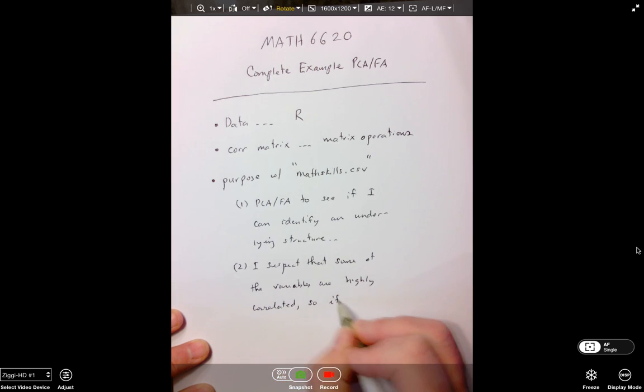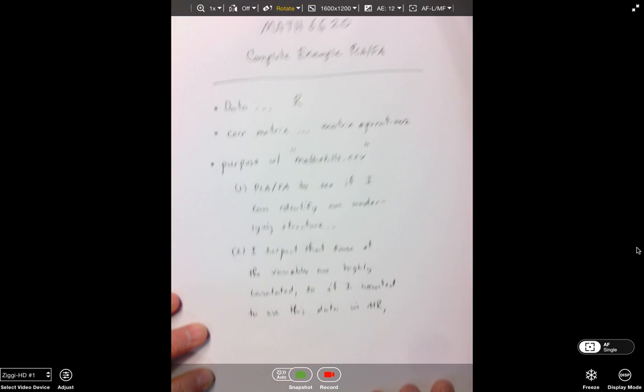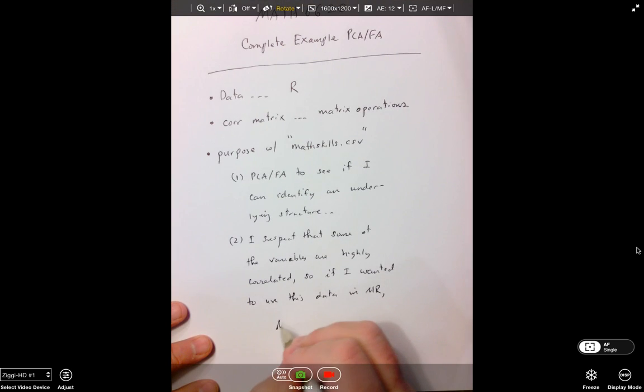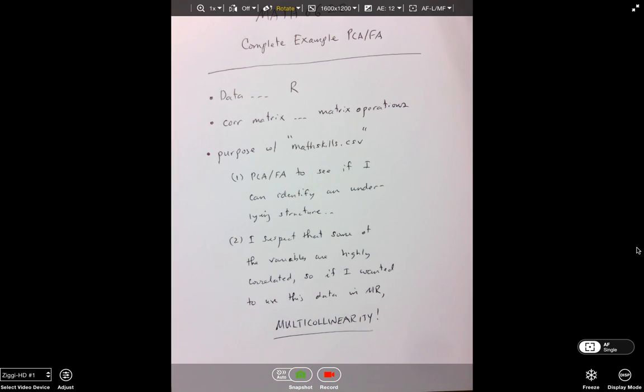So if I wanted to use this data in multiple regression techniques, then I have a multicollinearity issue.